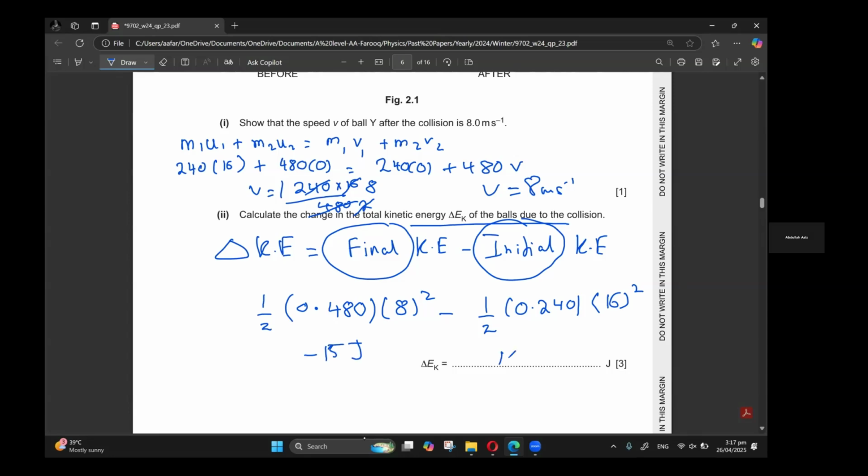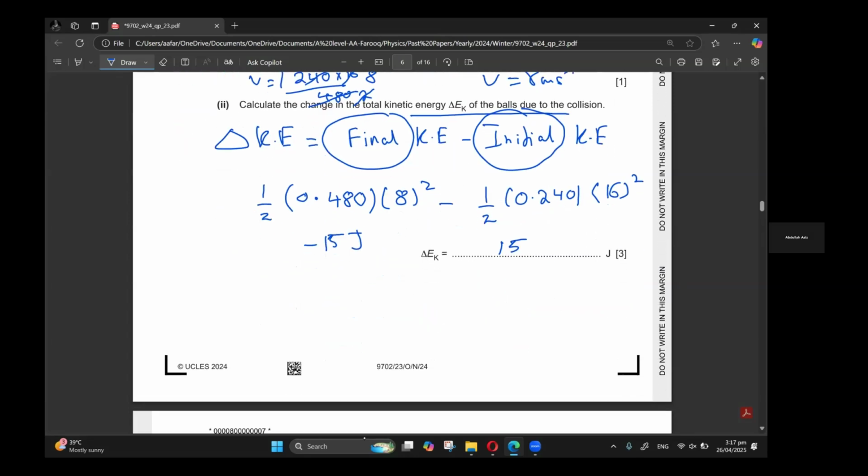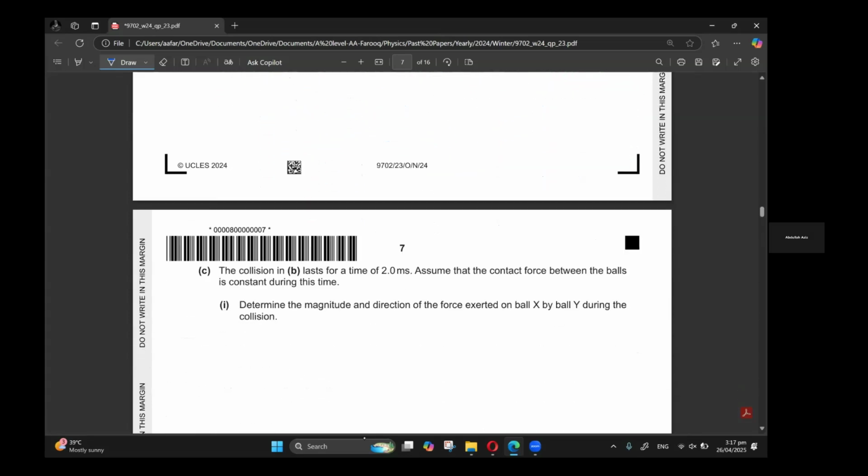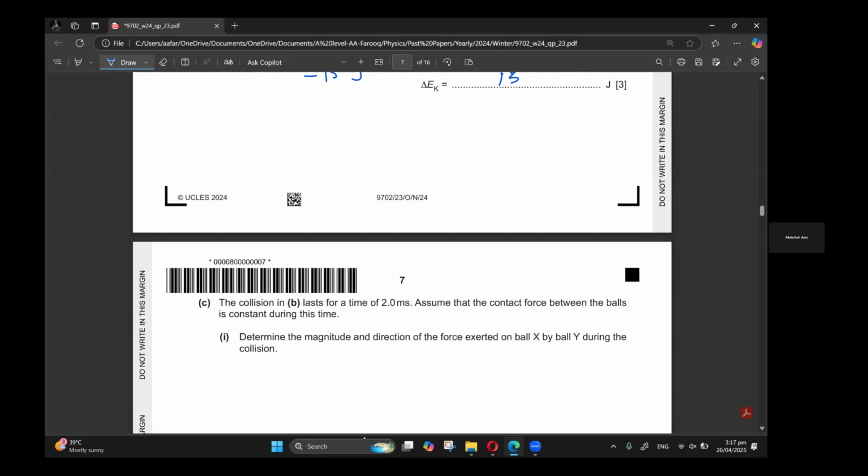There's a change of 15 joules. They're asking for the change, so you don't need to write the sign. That's right, 15.